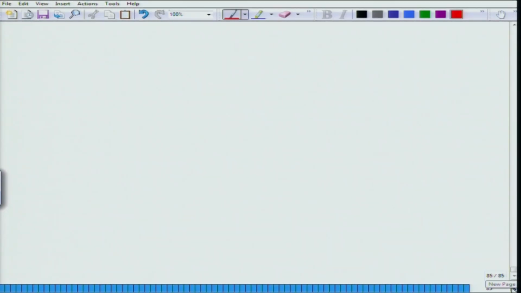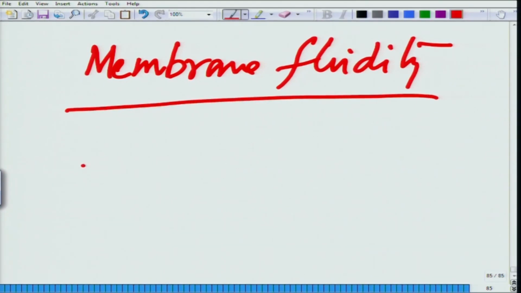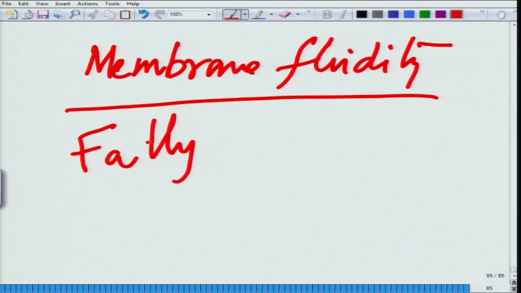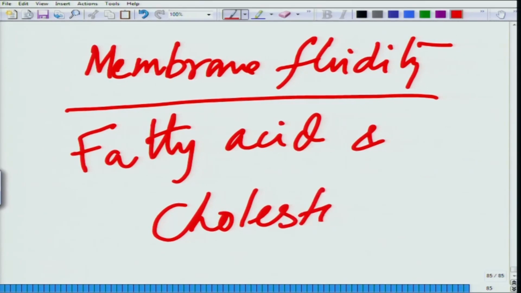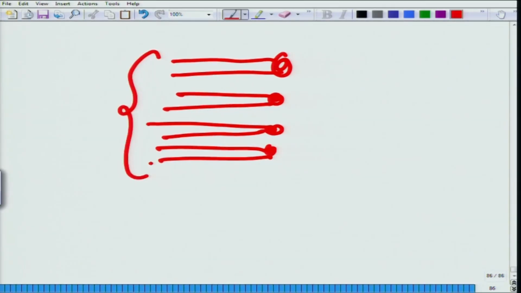Now, what controls membrane fluidity? Membrane fluidity is controlled by the fatty acid composition and cholesterol. How does it do so? For example, if the fatty acids are arranged with all straight chains, the hydrophobic tail is very straight, and that is only possible when the hydrophobic tail is in trans configuration.